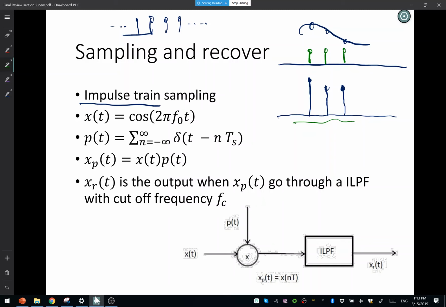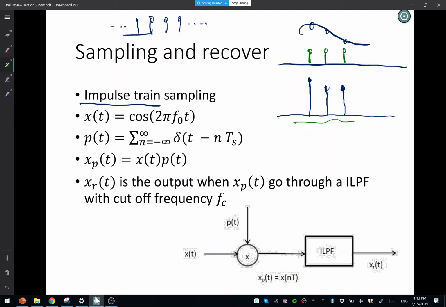Then there is another process called recovering. You can recover the continuous signal from these spikes. They are not smooth enough, so we use something to smooth them, and the best thing we can come up with is an ideal low-pass filter. We use low-pass filters to recover the continuous signal.